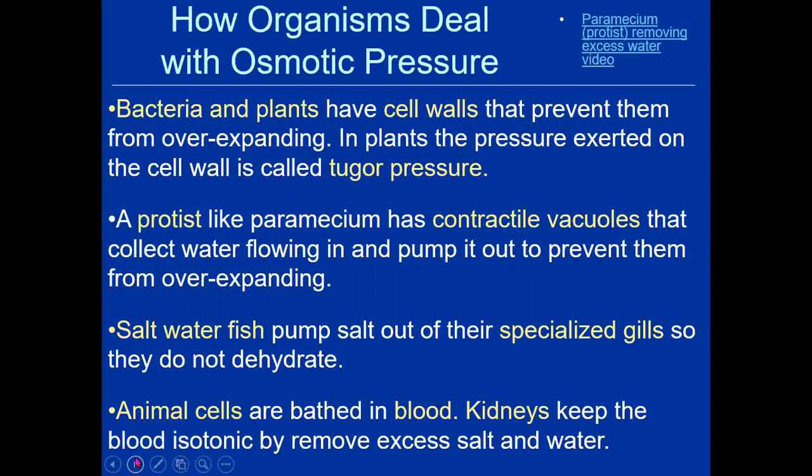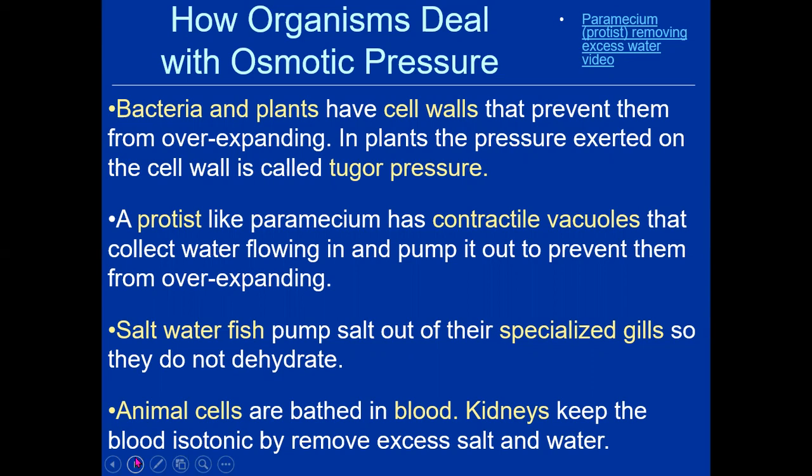Now, what you can say at the end of the day is that these water movements in and out of the cells have implications on the lives of different organisms. For example, bacteria and plant cells have cell walls, so they cannot expand any more.